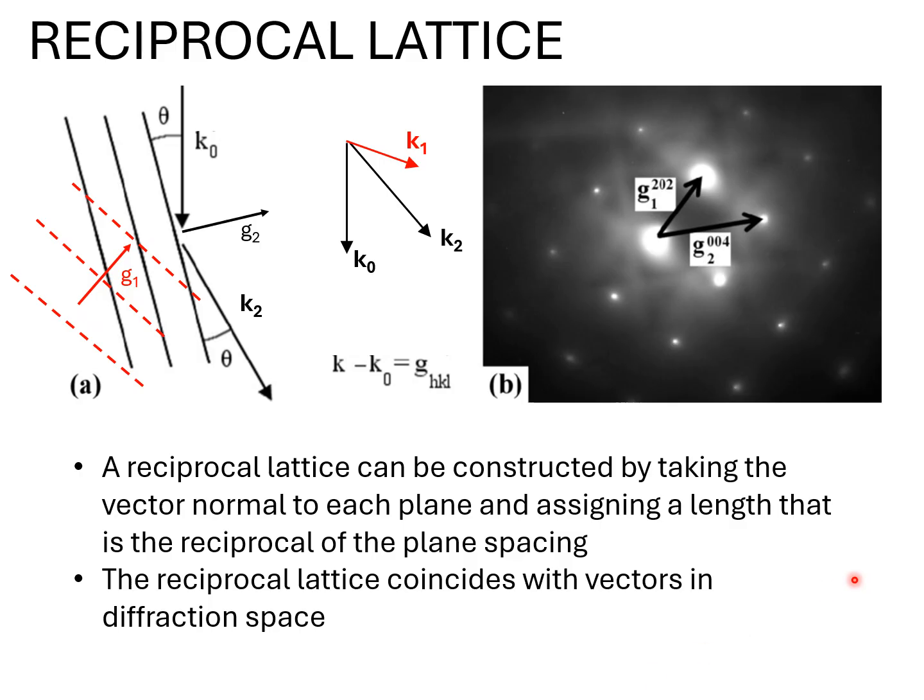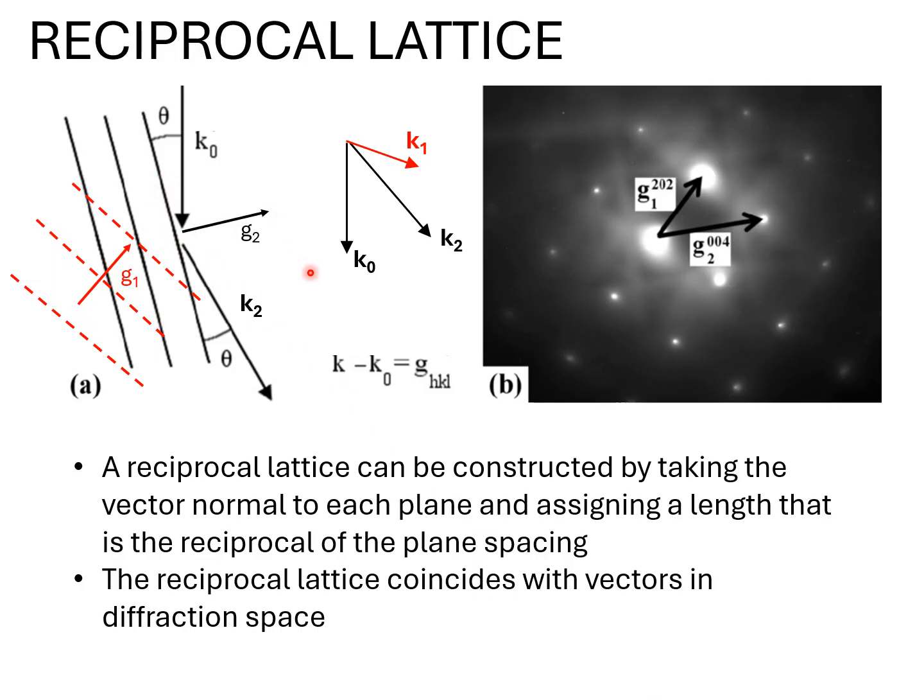For those of you who may not be so familiar, in a nutshell, one can build up a lattice in space which is made up of points defined by vectors, given by the perpendicular to a set of planes, and the length of that vector is equal to 1 over the spacing. So the reciprocal of the spacing between the planes, in a direction perpendicular to the planes.